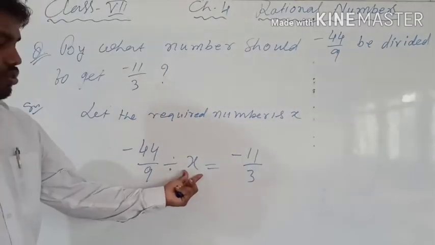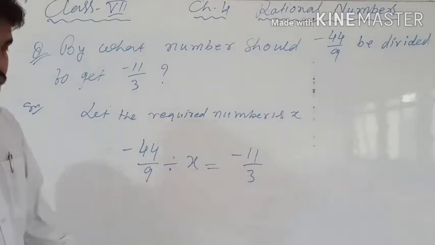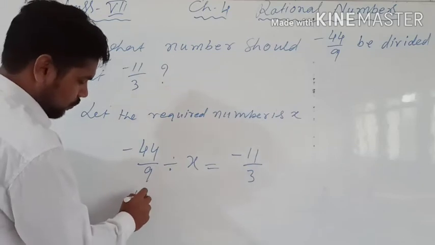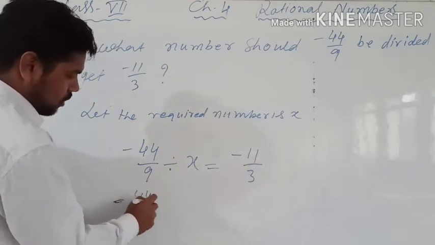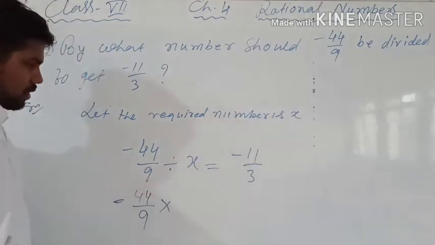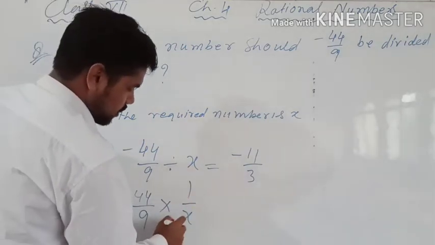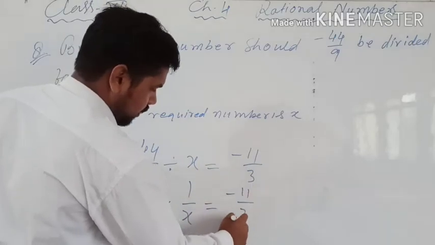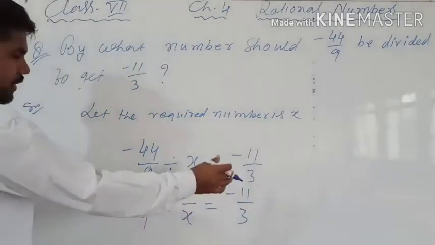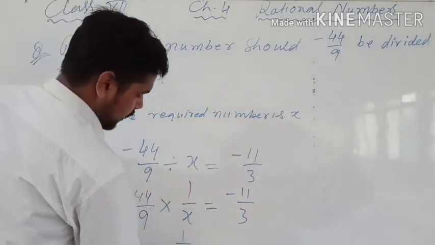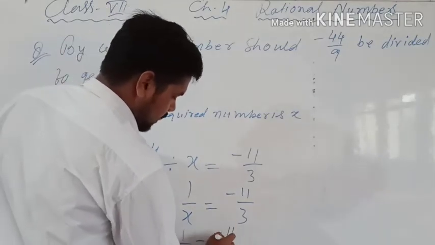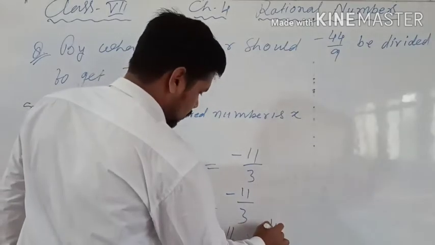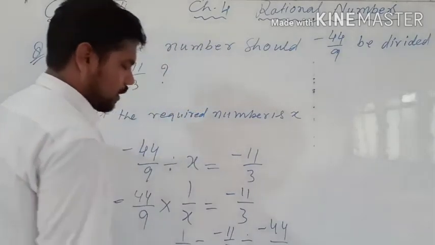This is the division. First you have to convert it into the inverse. So it will be minus 44 divided by 9, and this will be changed into 1 by x, the reciprocal of x, equal to minus 11 by 3. Now putting this on that side, 1 divided by x will be minus 11 by 3 divided by minus 44 by 9.